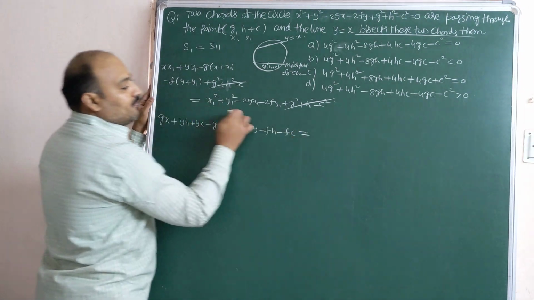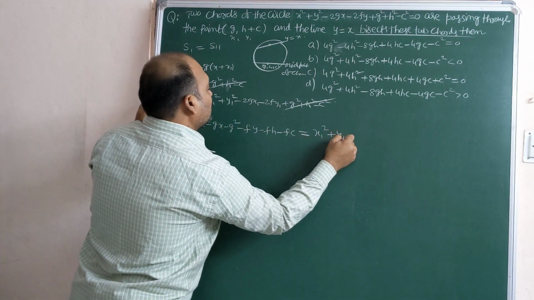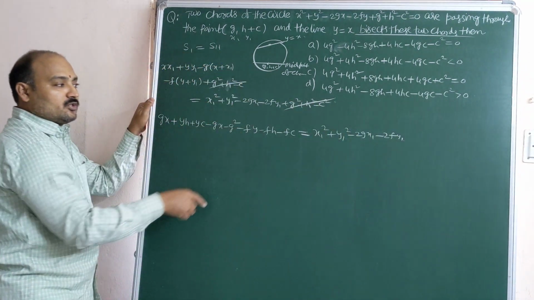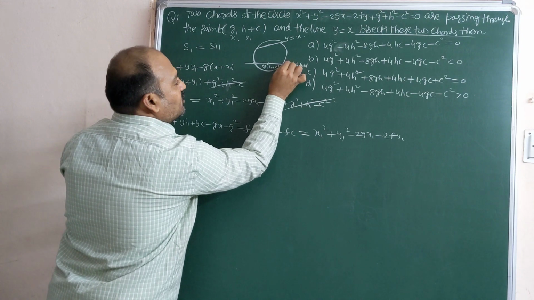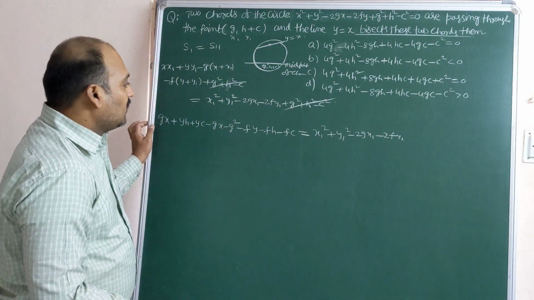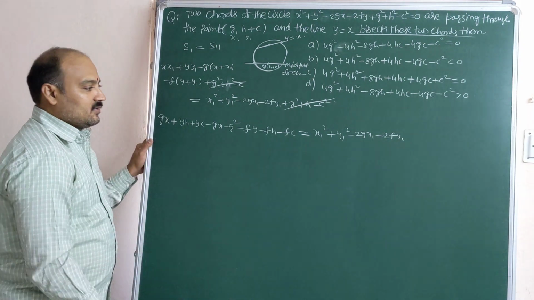This side completed. X1 square plus y1 square minus 2gx1 minus 2fy1. At this point also midpoint of chord. This equation we got, dear students. So what I am doing is, any similar terms we can cancel.